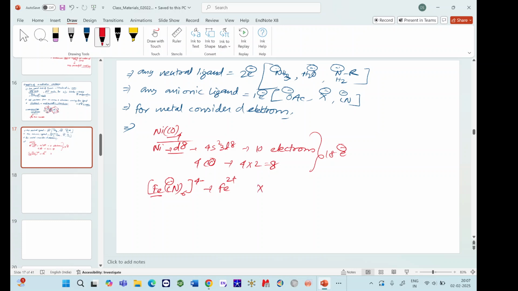So X minus 6 equal to minus 4, then X equal to 6 minus 4, that is 2 oxidation state. For iron 2, we have the following electron configuration, that is 4s0 3d6.